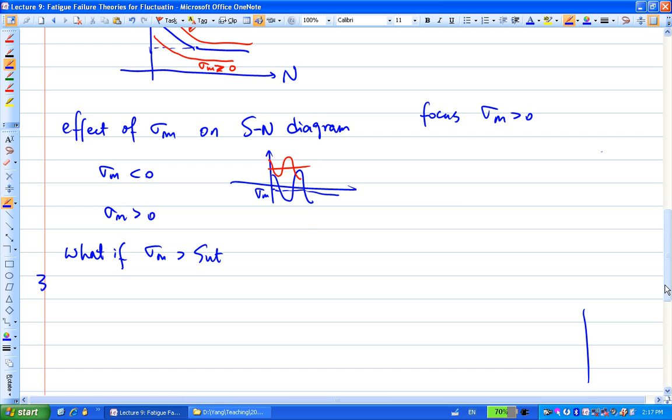Okay, so now we understand this effect of sigma m, and what we're interested in is what will be the fatigue failure theory, okay, for this kind of fluctuating stress.